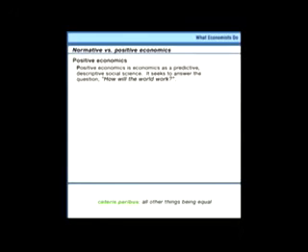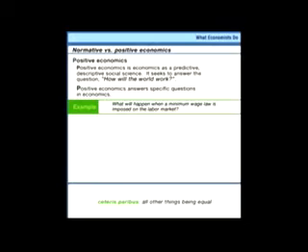Whenever we do positive economics, we're making observations. We're asking questions like, what will happen when a minimum wage law is imposed on the labor market? Will we see unemployment? Will we see an increase in wealth? Positive economics answers the question, what will happen in the bread market if we impose a tax on the sales of bread? Positive economics answers questions about the way the world works: what is, predictions, and descriptions.